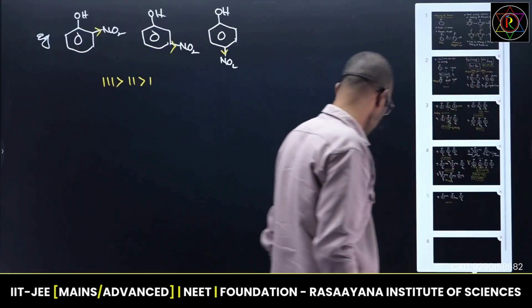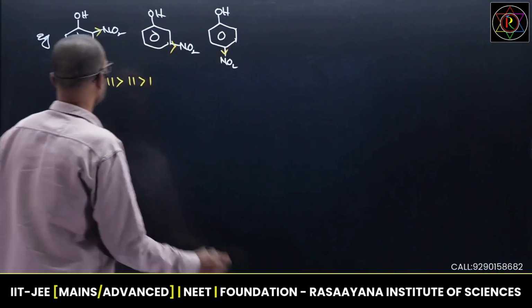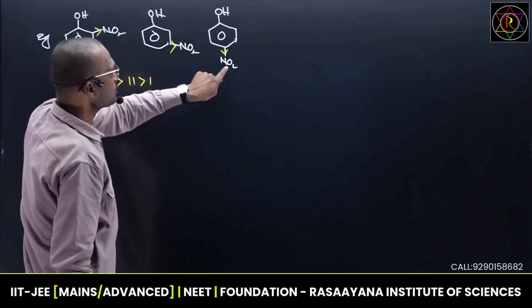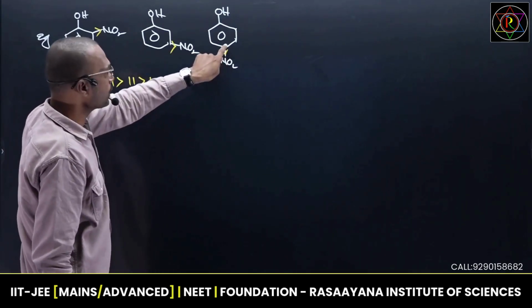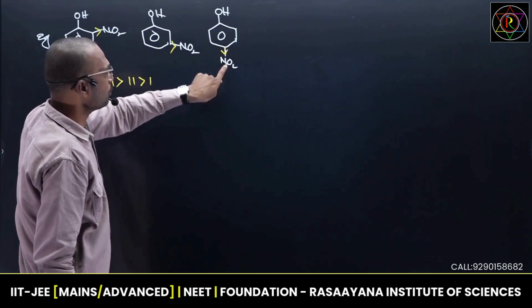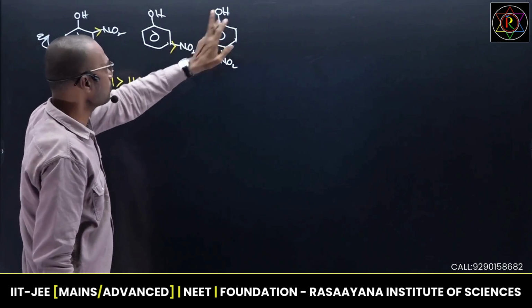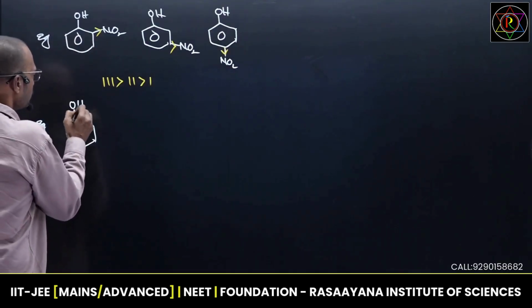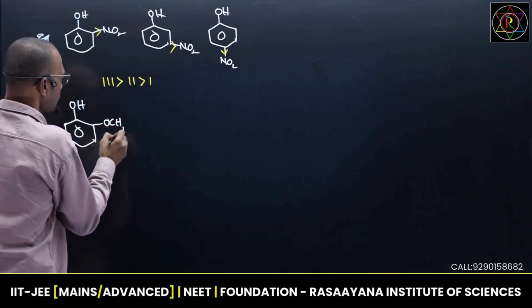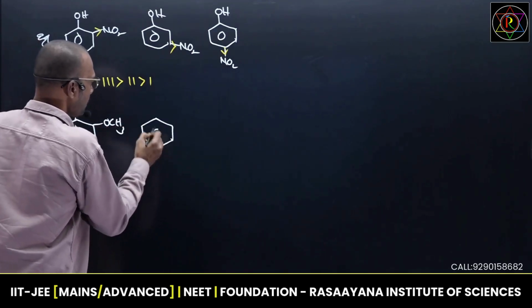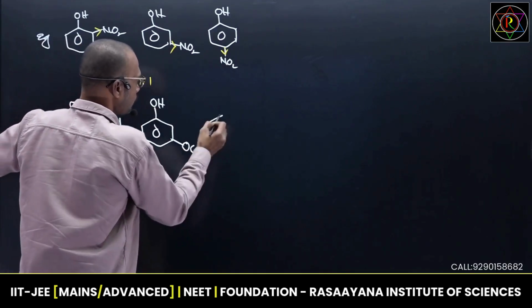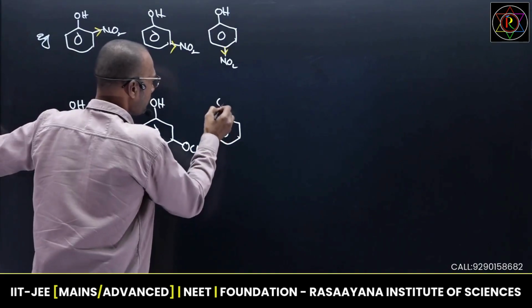Right? Now see, based on that we can explain like this. See, para has more extra electron density, it is withdrawing conveniently. More extra electron density if it is taken by nitro, it is found to be more stable. More stable, more acidic. Suppose if any donating group if I give, this is OCH3 donating group, and here one more donating group at meta, and here one more donating group at para.